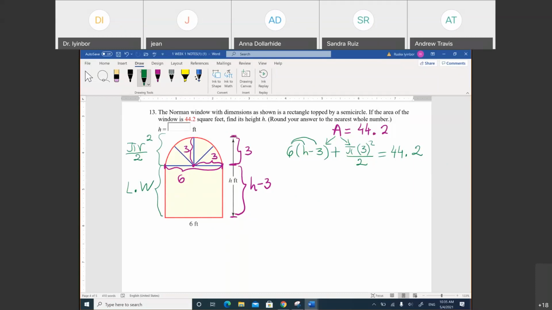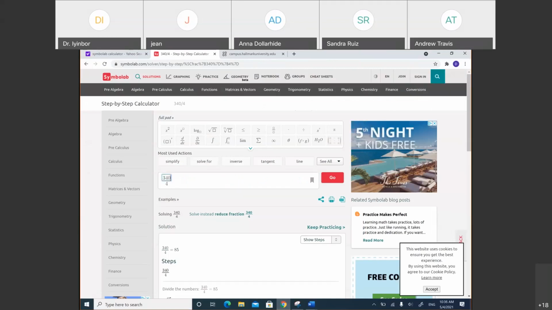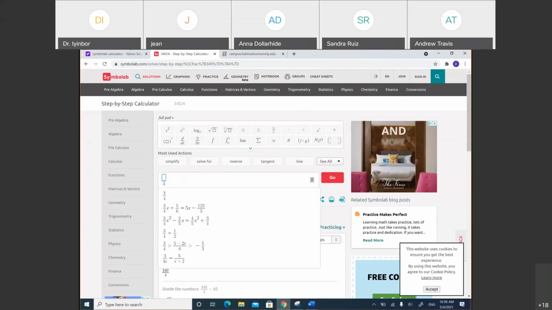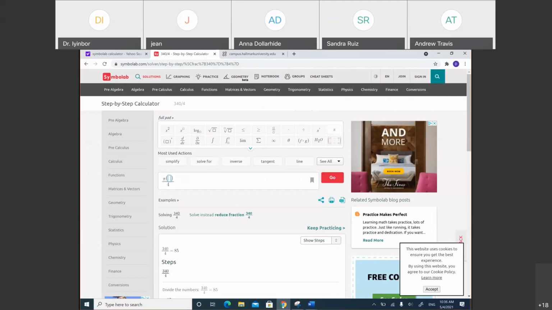So we're going to multiply 6 times h is 6h. 6 times negative 3 is negative 18. Plus, let's simplify this. What is this in the calculator? In the top we have pi, and then we have 3.